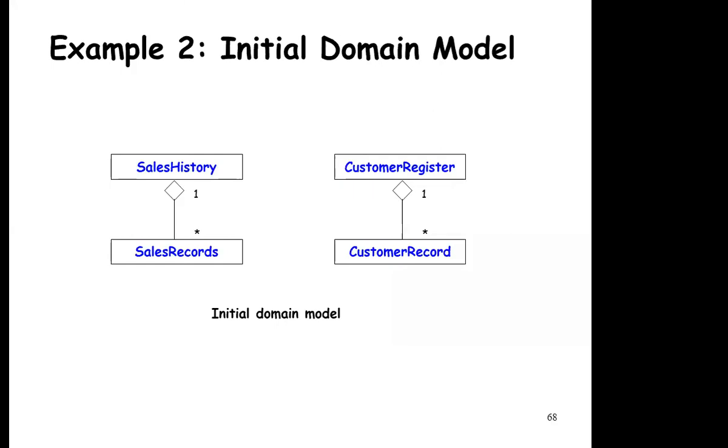And for sales records, many sales of a single customer are put into his sale history. So it is one-to-many, and sale history contains all the sales records. All the customer records are contained in the customer register. Therefore the diamond box is there for composition, aggregation or containership. Next.